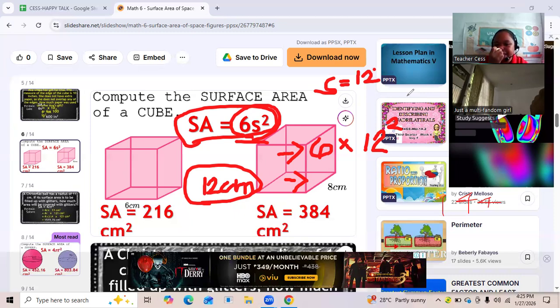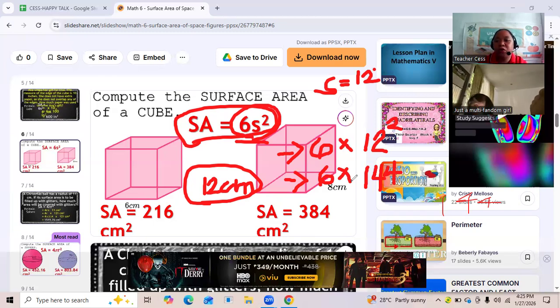So it means 12 times 12 or 12 squared is 144. If that is 144, it means you will multiply it by 6 pa because we have 6 here. 6 times 144. What will be your final answer?